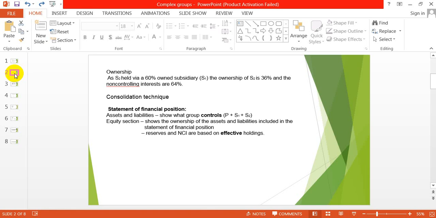In the equity section, only the parent's share capital will be shown. The consolidated reserves, which will be done as a working, and the NCI, which will be done as a working, will be based on the effective holding.